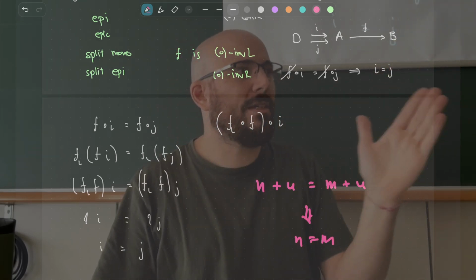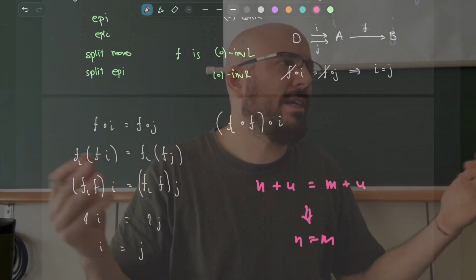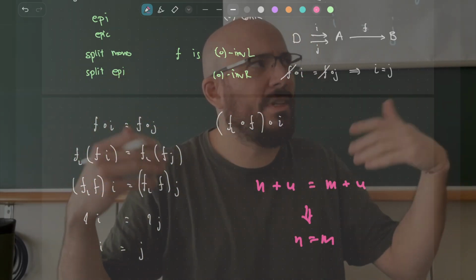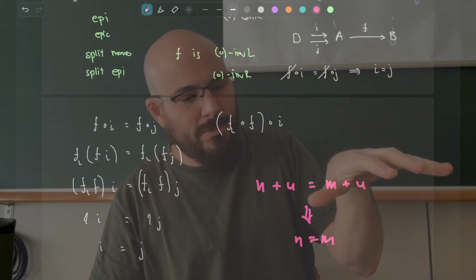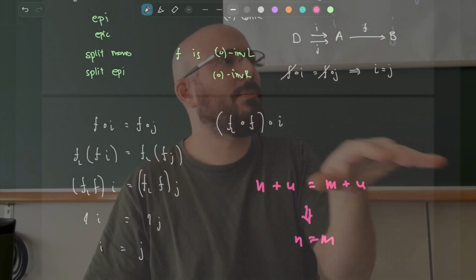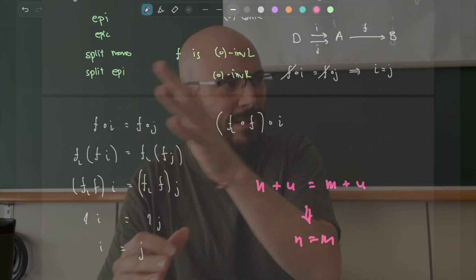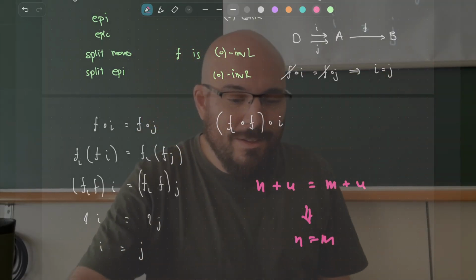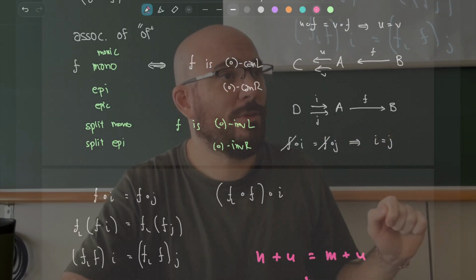But none of these things end up being the same. First of all, injective homomorphism maybe doesn't even make sense in some category, because injective necessitates that things are functions. But even when these things make sense, split mono and mono, split epi and epi, there is a clear stronger notion and stuff like that. And also, it's not always the case that mono and epi means iso. So this is another thing to find out.